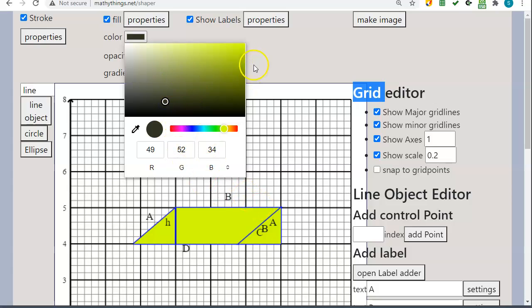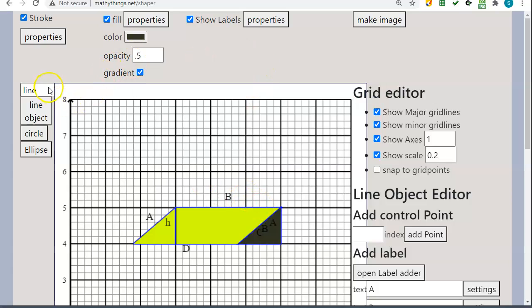Good. So we can see that this triangle would exactly fill up this space and turn this into a rectangle.